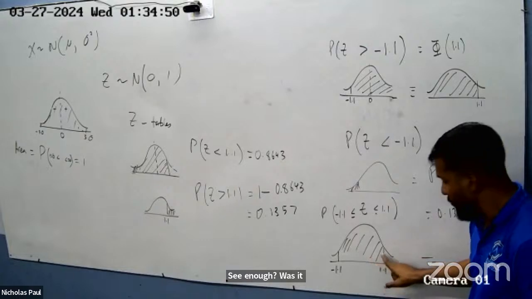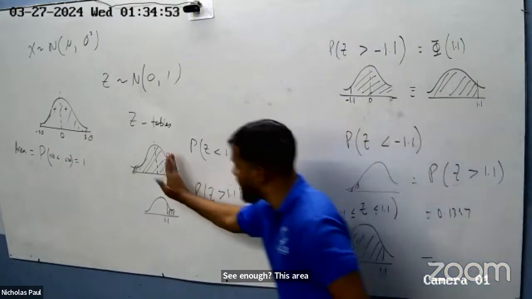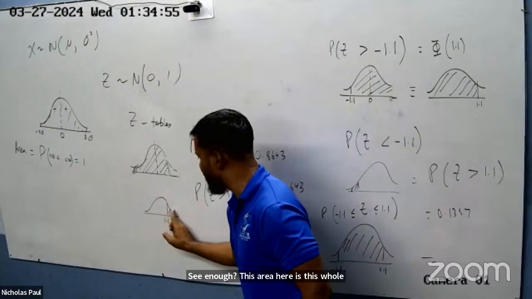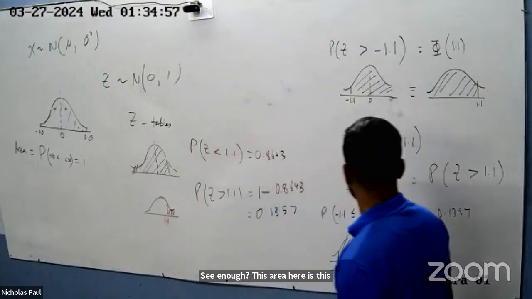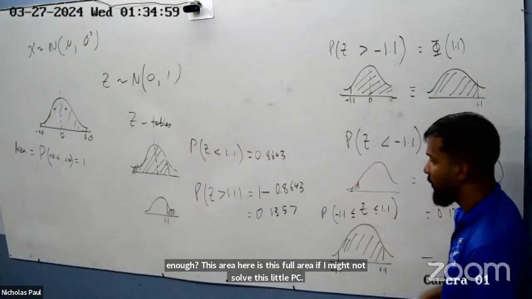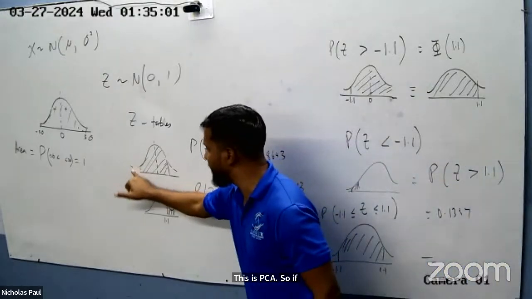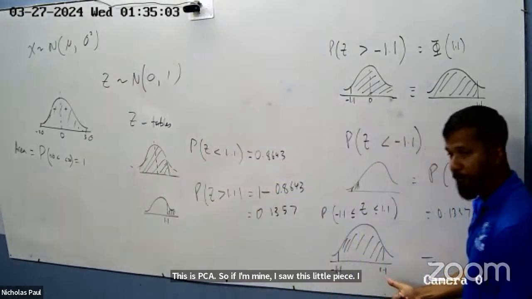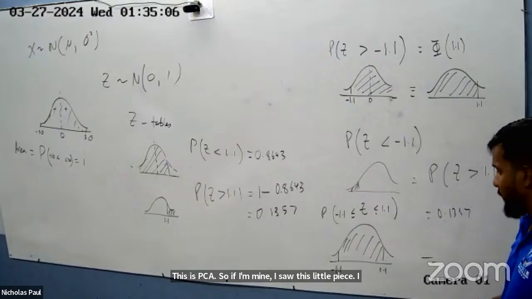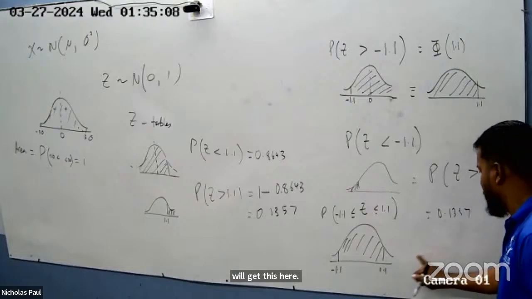This area here is this whole area if I minus off this little piece here. So if I minus off this little piece, I will get this here. Okay with that? So what would it be?